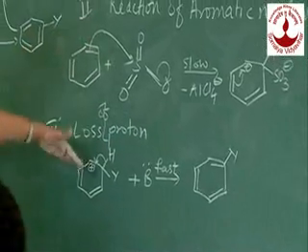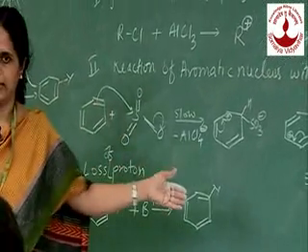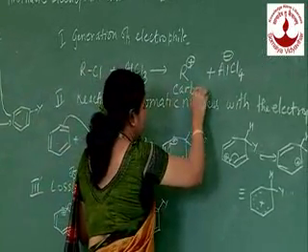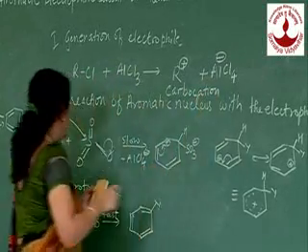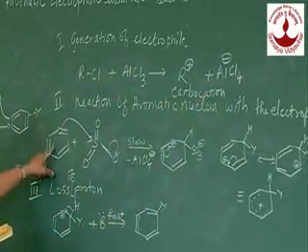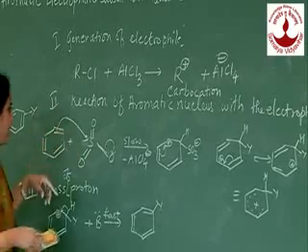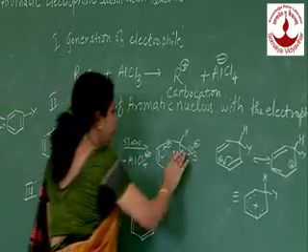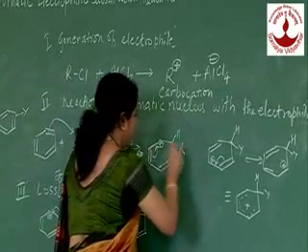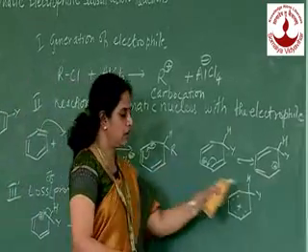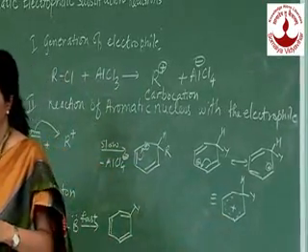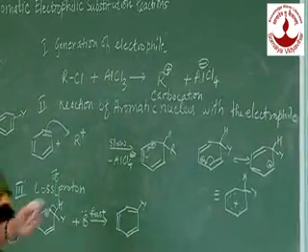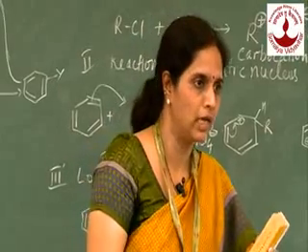The remaining two steps are the same, that is the alkyl carbocation will react with the benzene nucleus, that is the pi bond will open up and form the bond with the alkyl carbocation and you will get the formation of an alkyl benzene eventually.